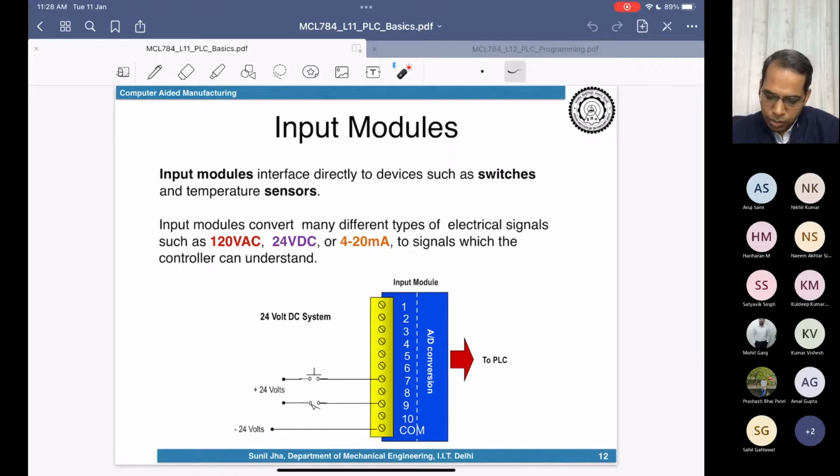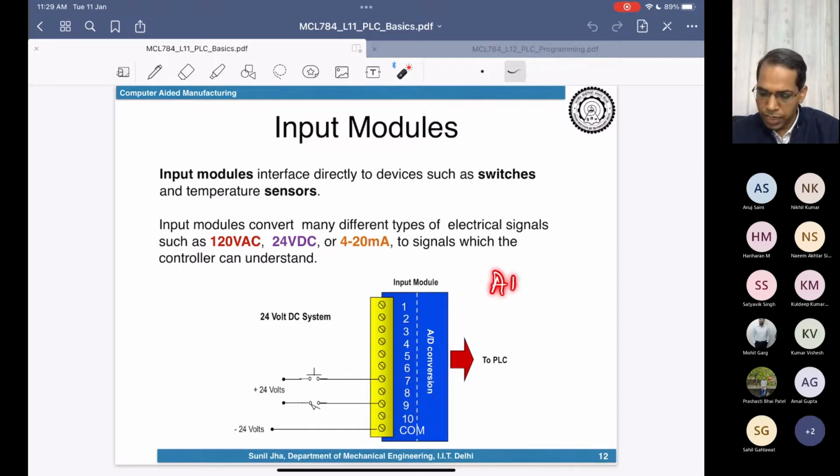Now these inputs coming from the different devices will be interfaced with this input module. You are physically wiring them to the PLC, and this input module has the function of shifting the voltage levels, basically. Second function, it will be doing an AD conversion, that is analog to digital conversion.